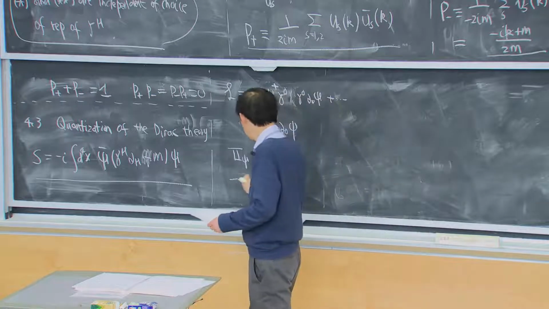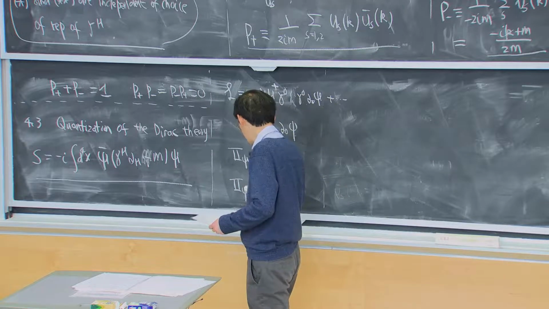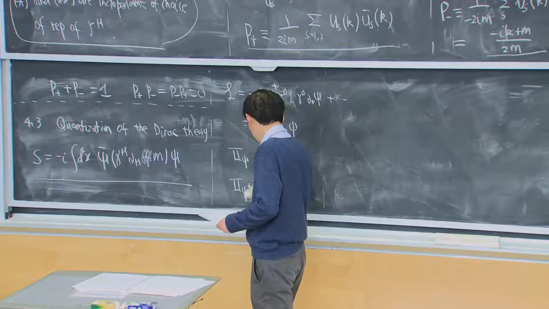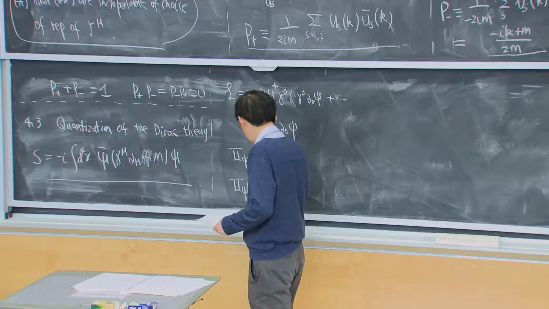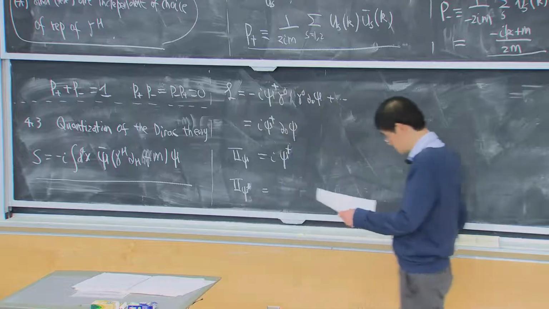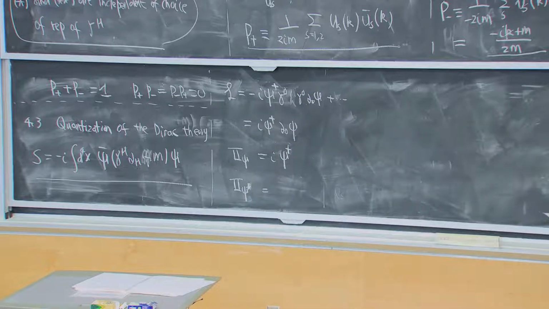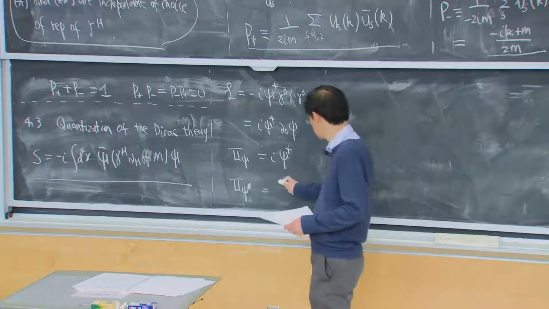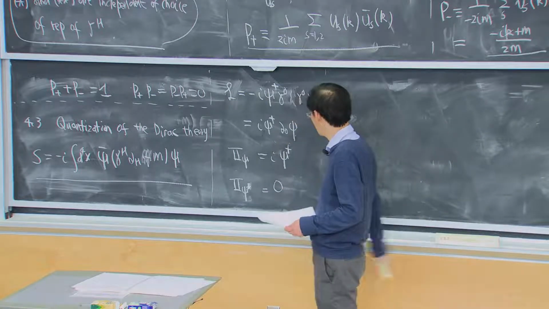But the conjugate momentum for psi dagger is equal to what? This is equal to 0, because there's no time derivative on psi dagger.